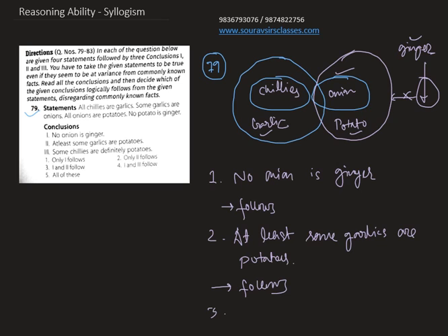Now let's see the third one. Some chilies are definitely potatoes. As we can see from this picture, this is the chili set and this is the potato set, and there is no such definiteness with respect to the intersection between these two sets.